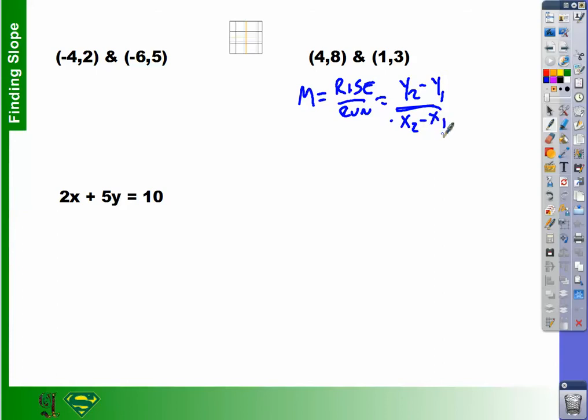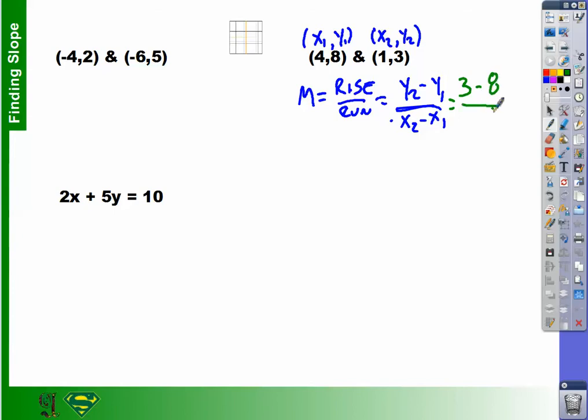So let's label our values. What are we going to call this value right here? x1. What are we going to call this value here? How about this value here? Okay. So what is my y2 value? 3. What is my y1 value? 8.